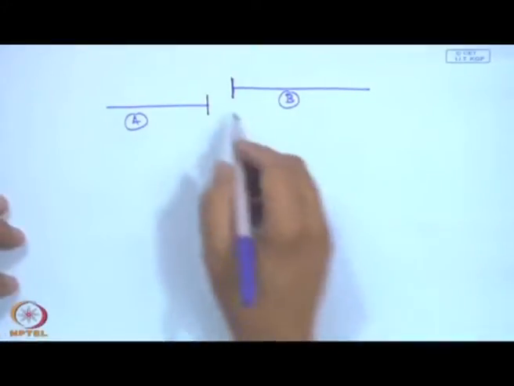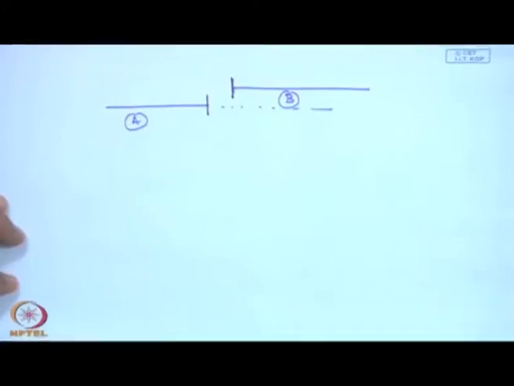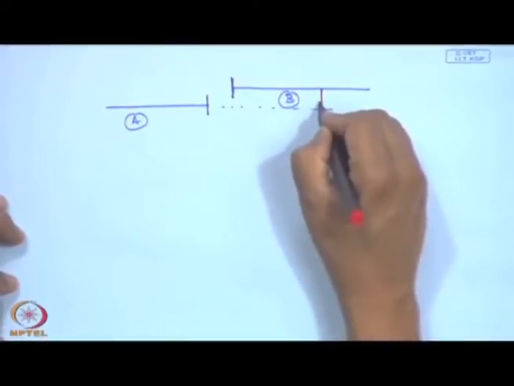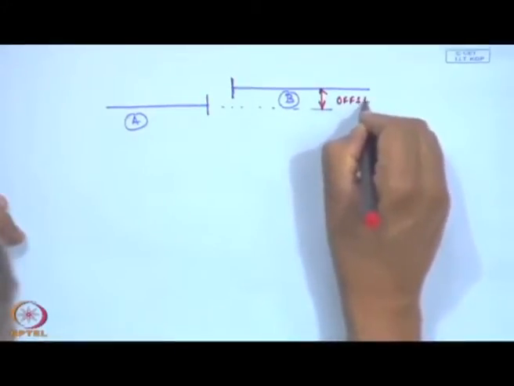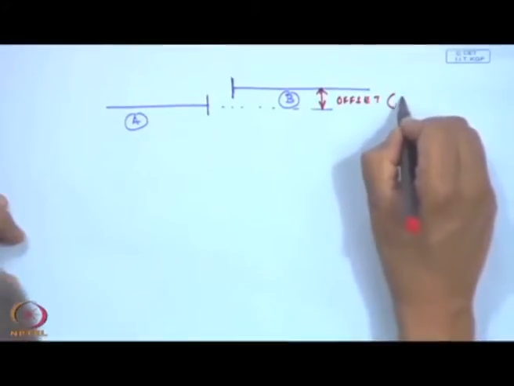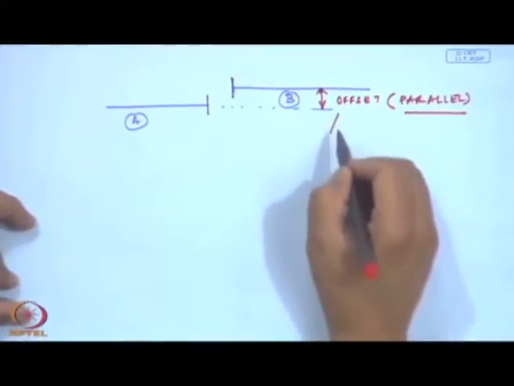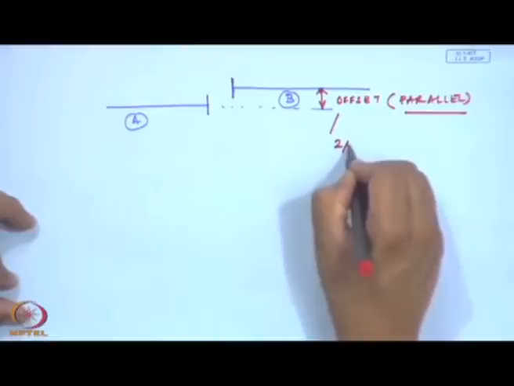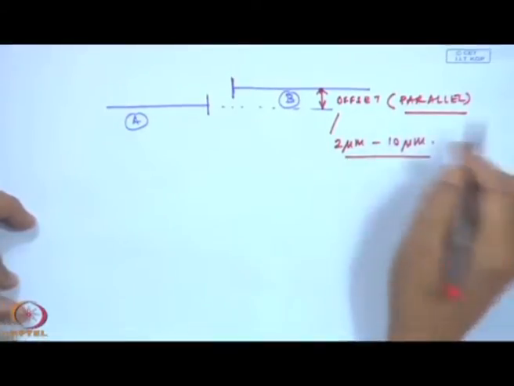This is one scenario wherein the axes are offset, but they are parallel. This amount of offset could be about 2 to 10 microns or more, depending on the speed of the machine.